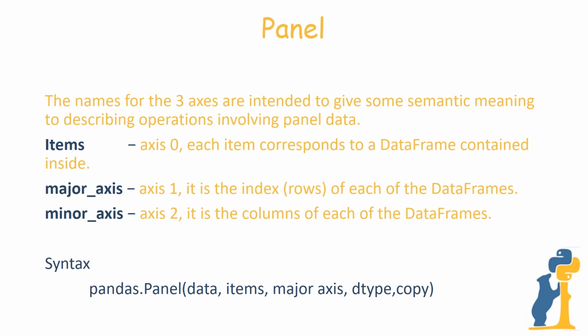Each item corresponds to a data frame contained inside. Second axis is called axis 1, the major axis. It is the rows of each of the data frames. Third is the minor axis, axis 2. It is the columns of each of the data frames.